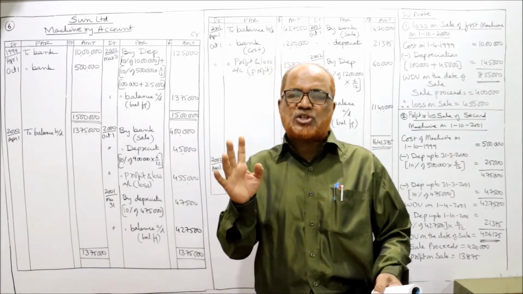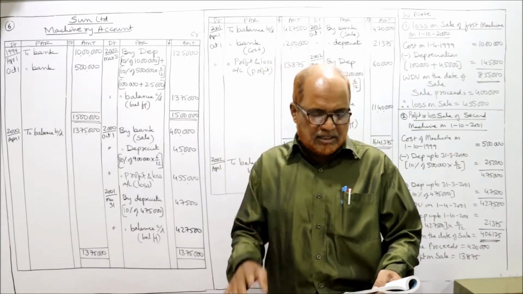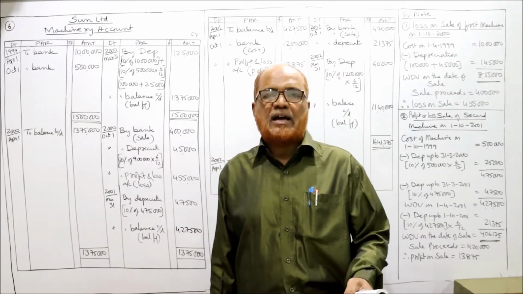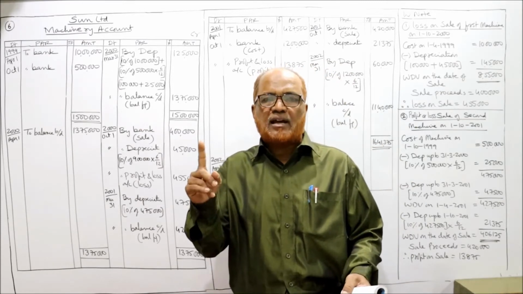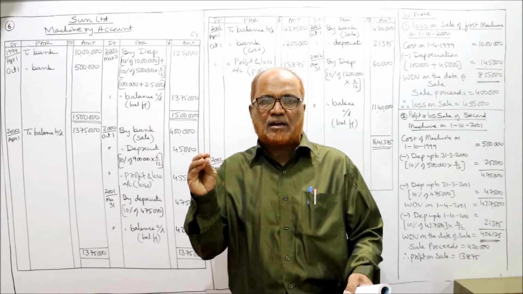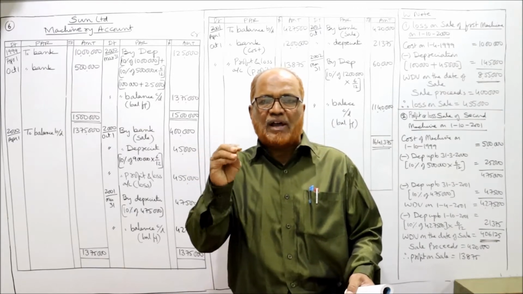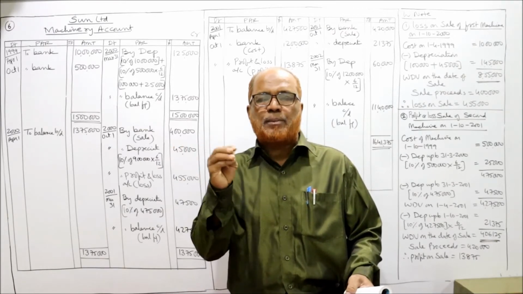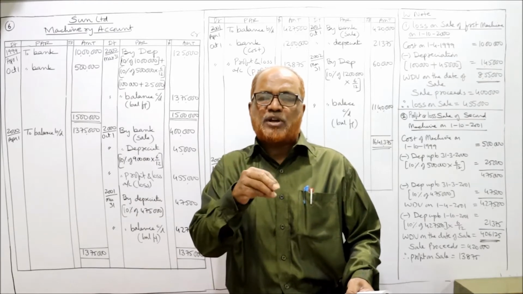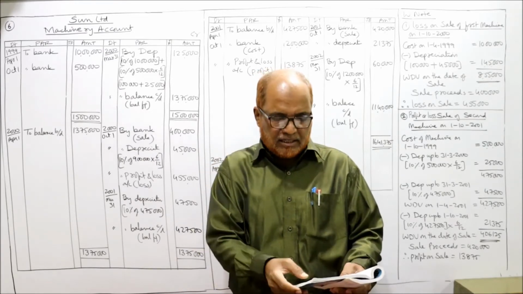Second machine was purchased on 1st October 1999 for rupees 5 lakh. The first machine 10 lakh, second machine 5 lakh.